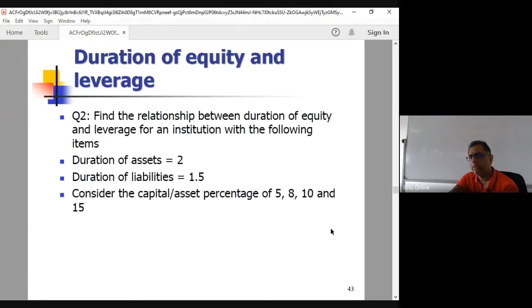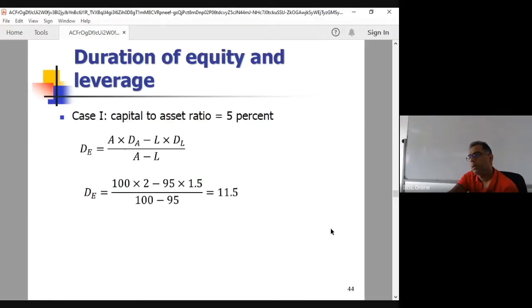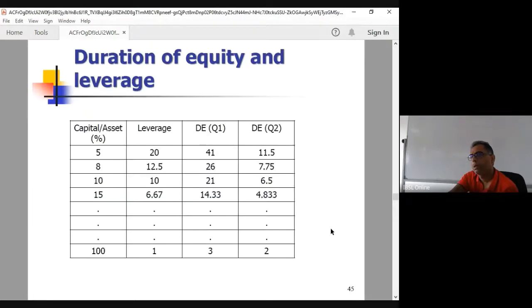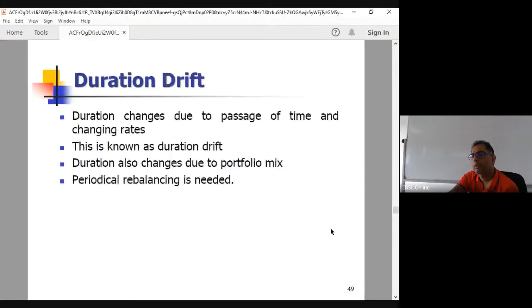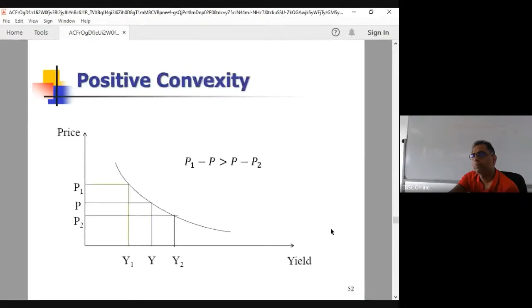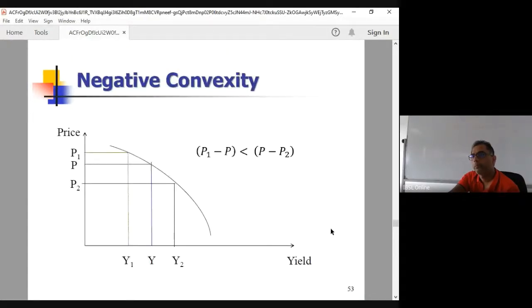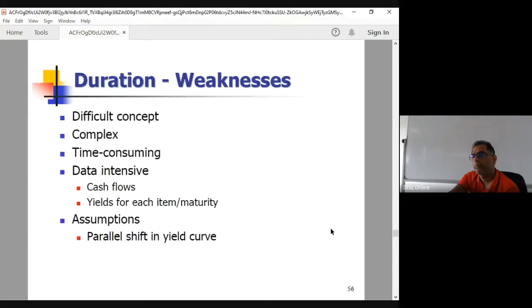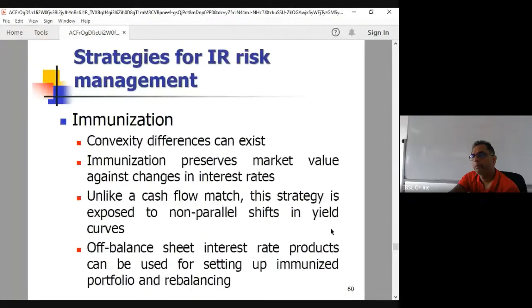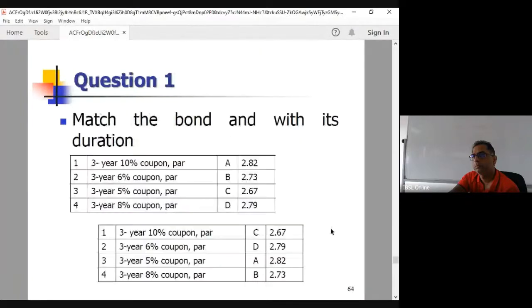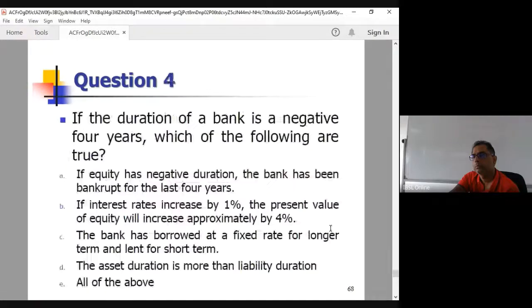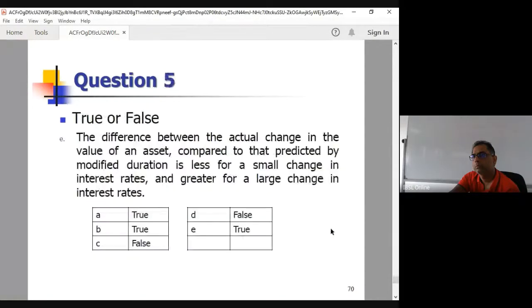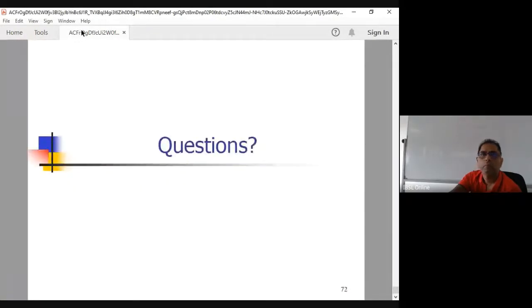Okay, can you tell me exactly how far into duration and convexity you all have done? For fixed income? Hello?